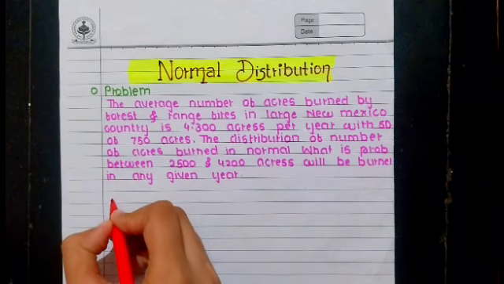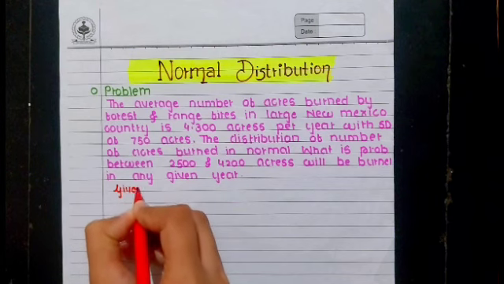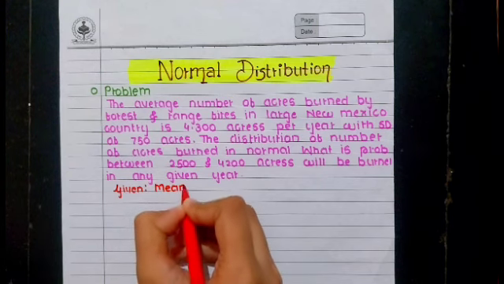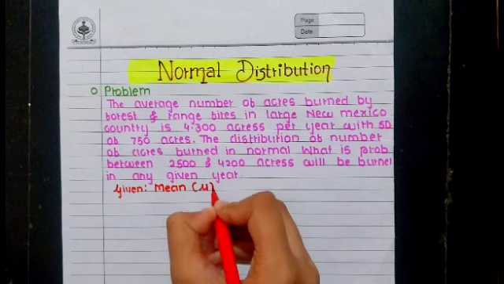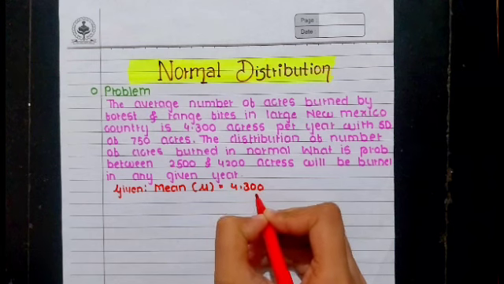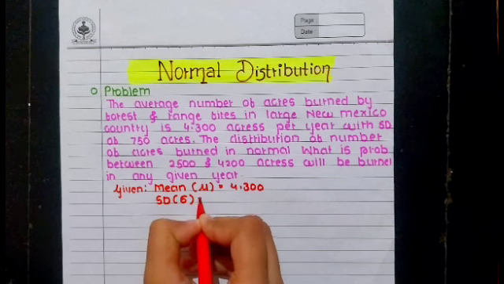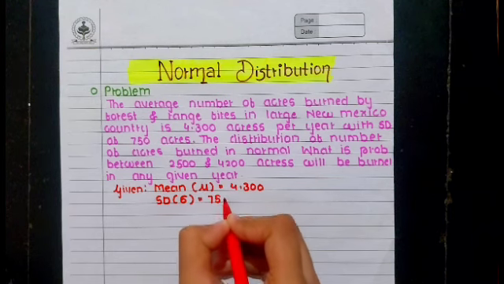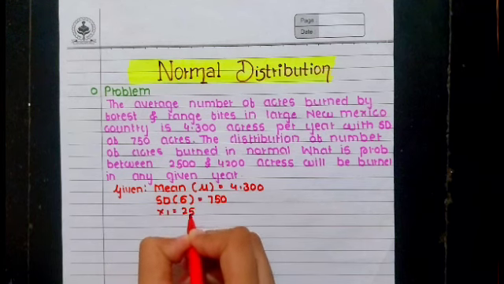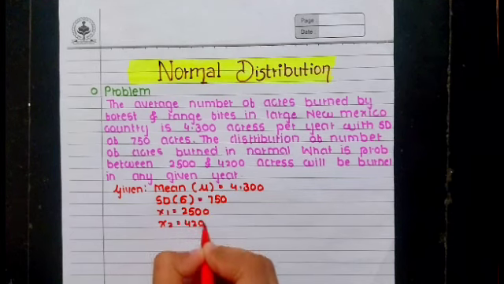The mean, denoted by the symbol mu, is 4,300. The standard deviation, denoted by sigma, is equal to 750, and the value of x1 is given as 2,500 and the value of x2 is given as 4,200.